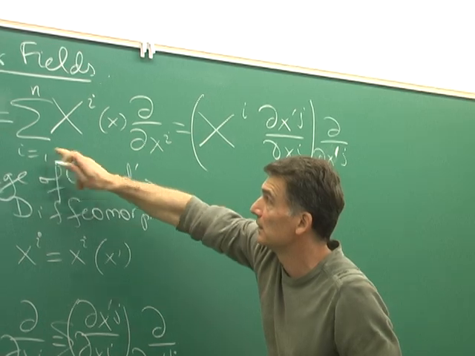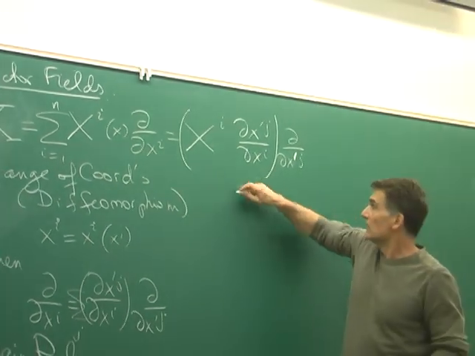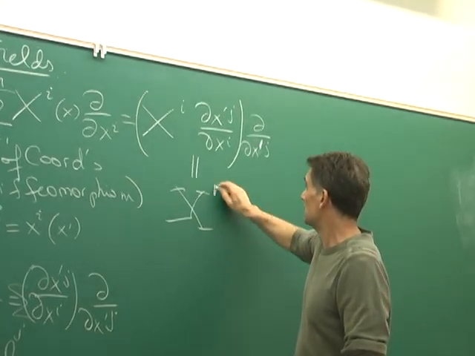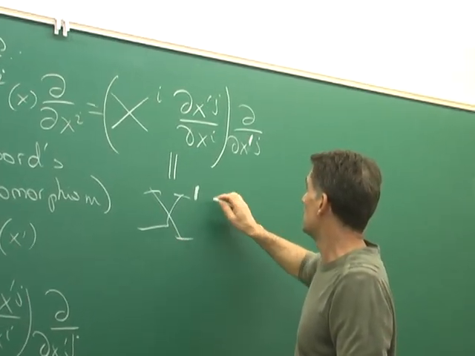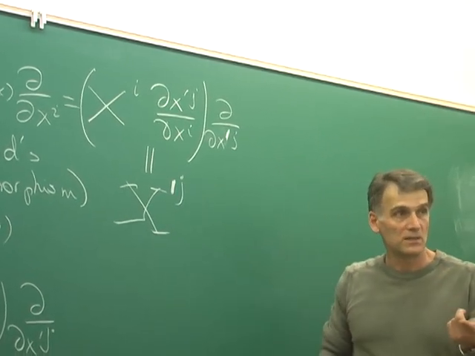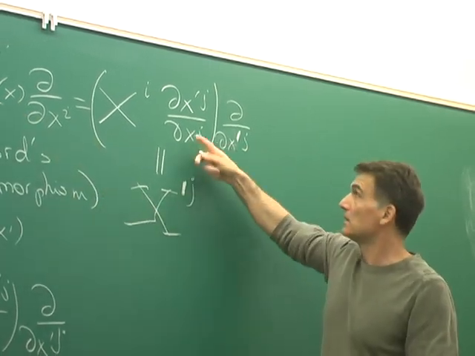Again, I'm not writing the sum; there is a sum over i and a sum over j. So when you change coordinate system, the components of a vector field change according to that rule.